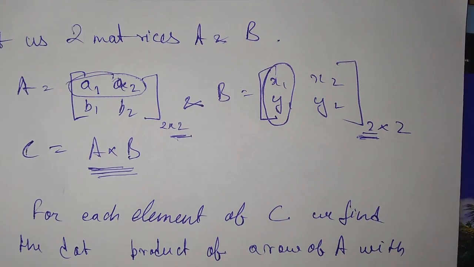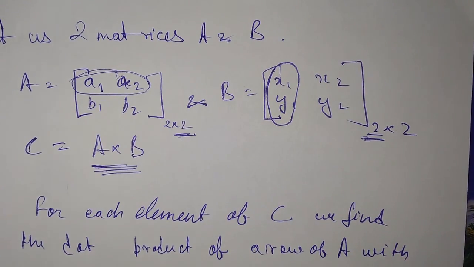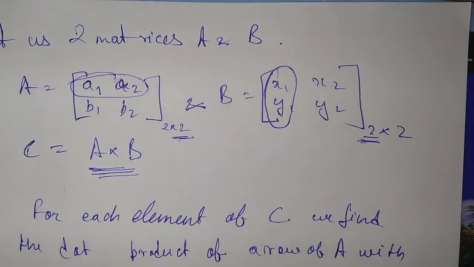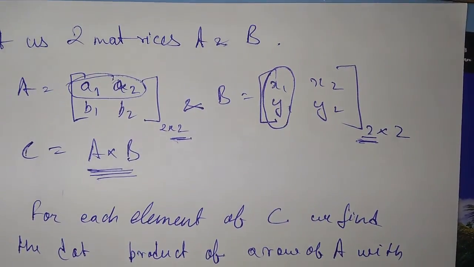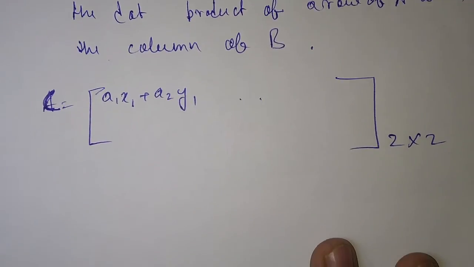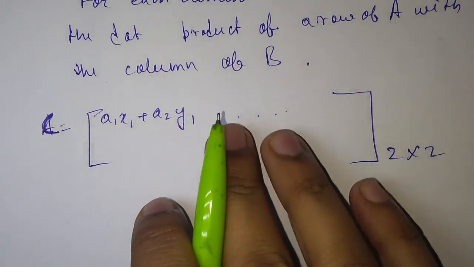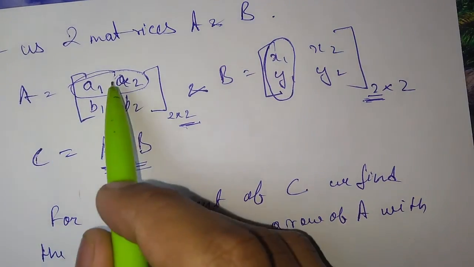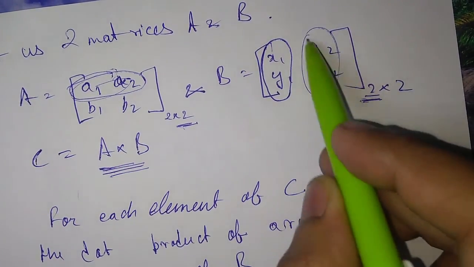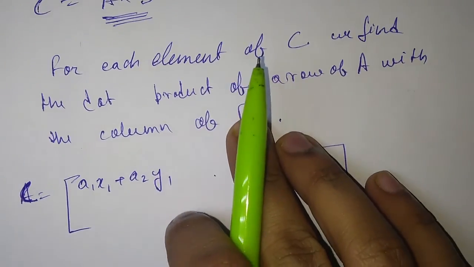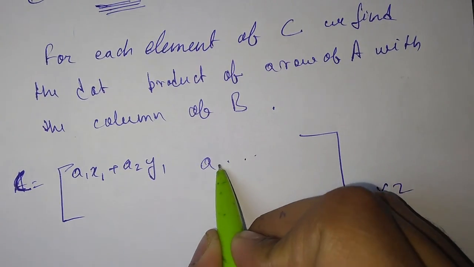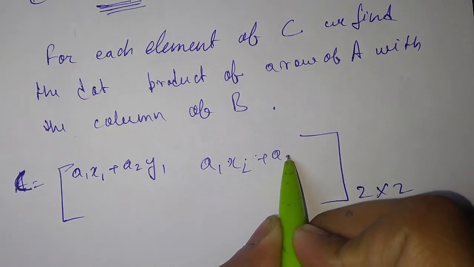Now the element in first row and second column will be the dot product of row 1 with column 2, that is A1 X2 plus A2 Y2.